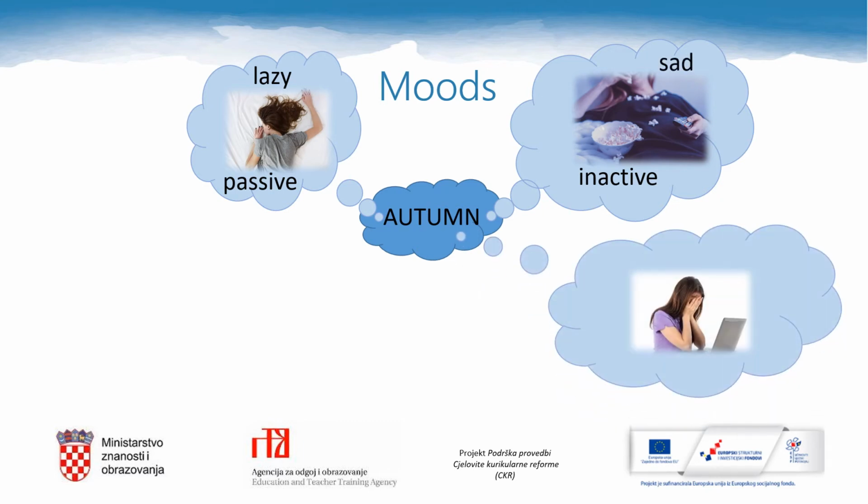And how do you feel if you can't do your best and if you don't have energy to do your task on time? You feel very tired. And when you look outside the window and you see all the reddish and brownish and yellowish leaves falling off the trees, you know the days will be shorter and the nights will be longer.